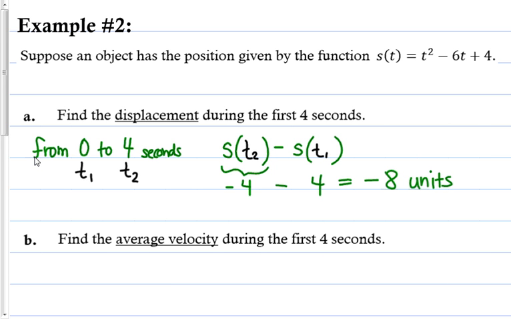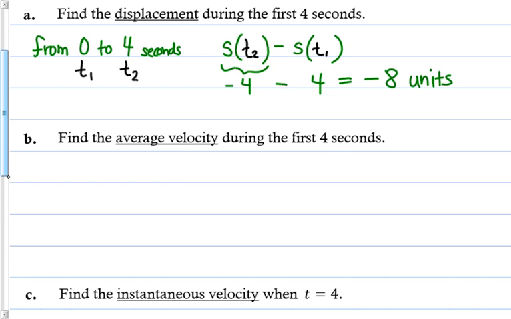All right, B. Find the average velocity during the first 4 seconds. Okay, so now average velocity. Remember, average velocity is the slope of the secant line. That's the good old-fashioned slope that you found back in Algebra 1.